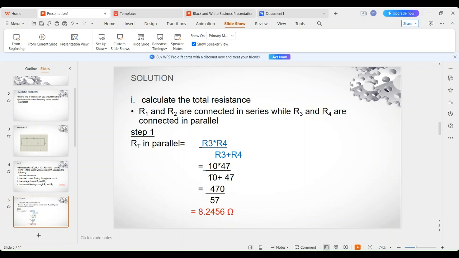So we shall have 10 multiplied by 47 divided by 10 plus 47, which is 470 divided by 57. When you key this into your calculator, you get 8.2456 ohms. That is our total resistance in that section. Remember to write your answer to 4 decimal places.